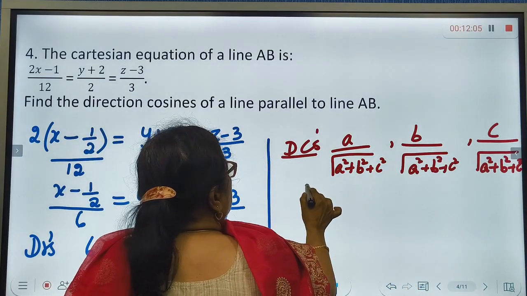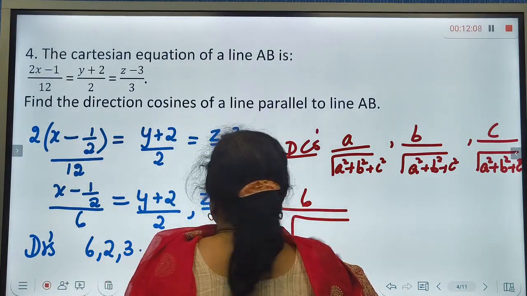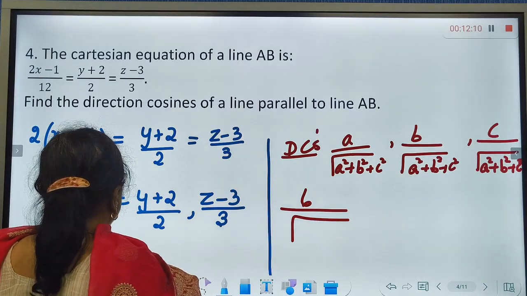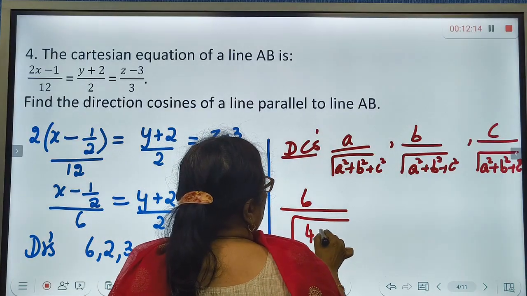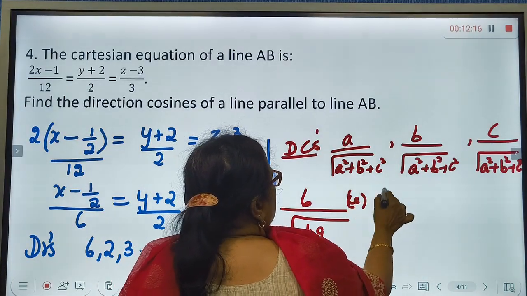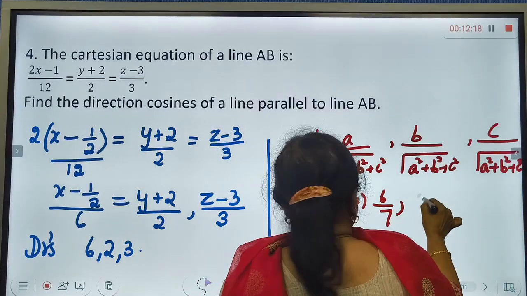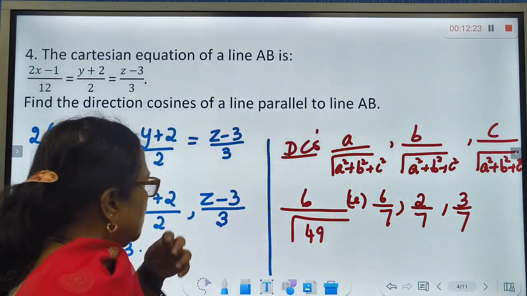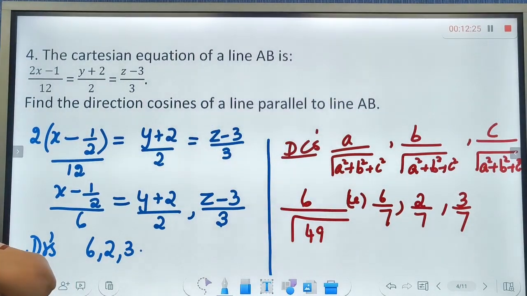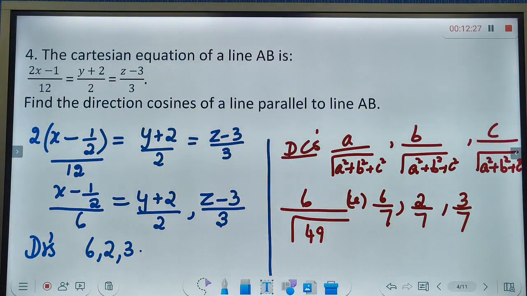So, you will get 6 by root of 6 square 36 plus 4, 40, 40 plus 3 square, which is root 49. That is 6 by 7, 2 by 7 and 3 by 7. So, the DCs are 6 by 7, 2 by 7 and 3 by 7.